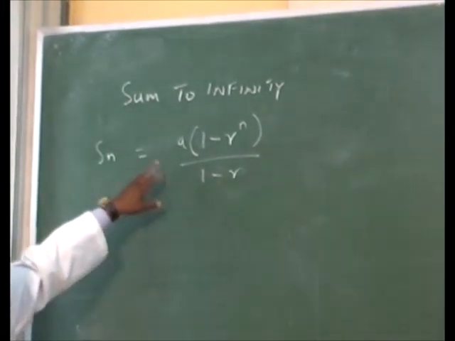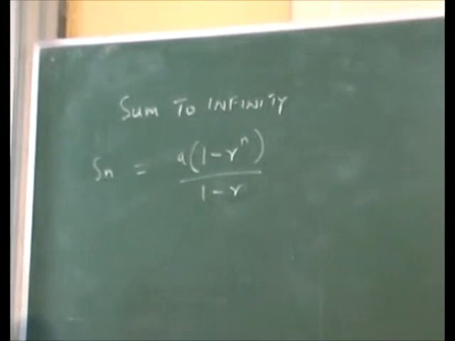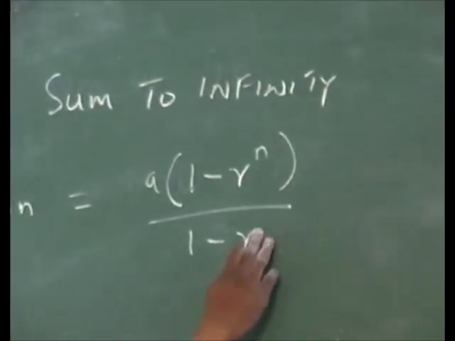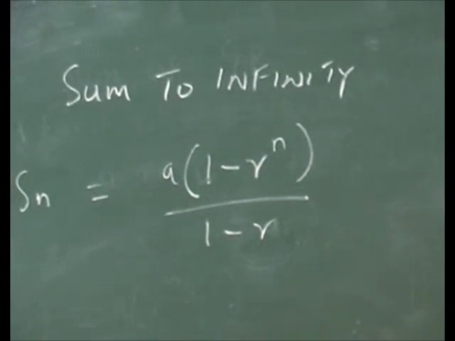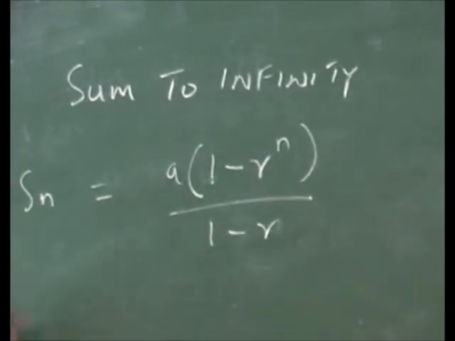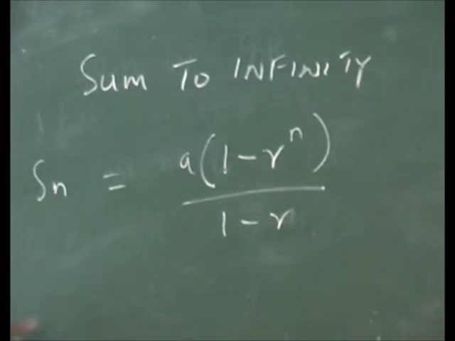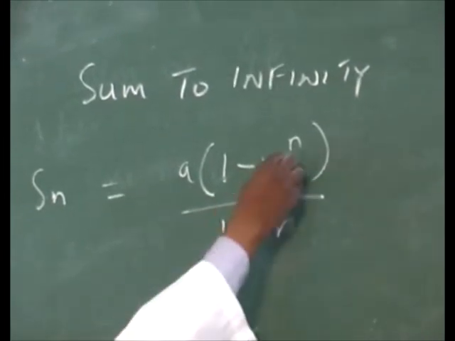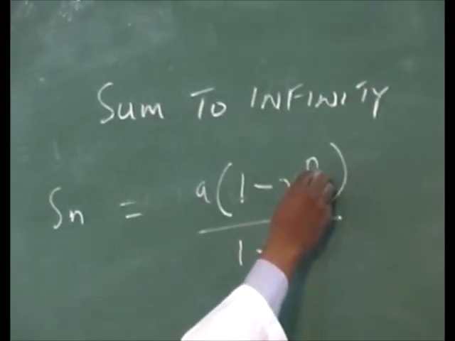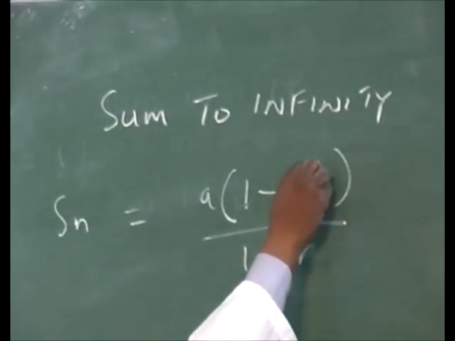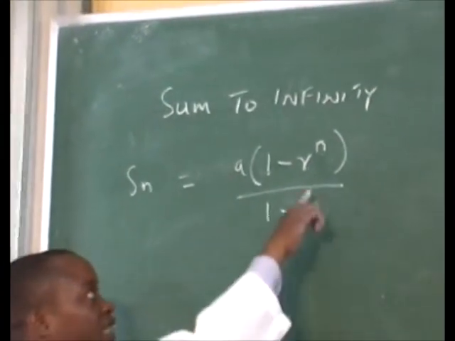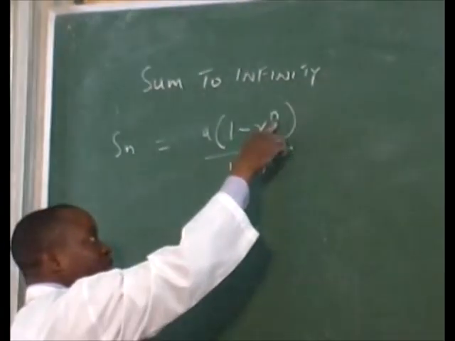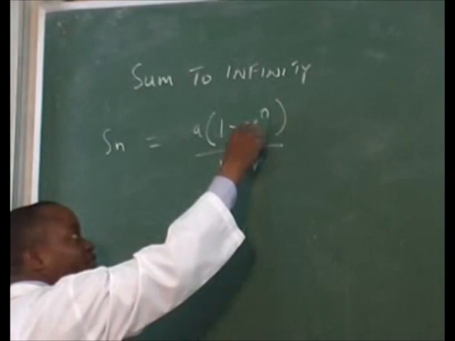Now what it means, sum to infinity, as n approaches infinity, as we sum to infinity, Sn will approach a definite value. Now look at it. When R is raised to n, there will be a time that n will be so big that what you have here will be small.